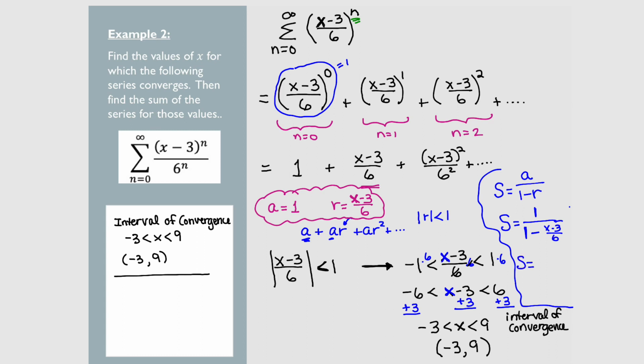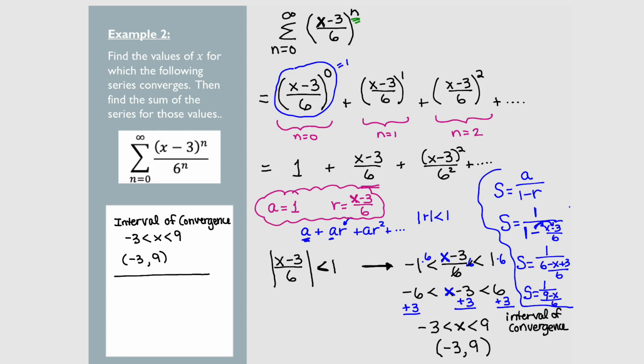And if we do a little bit of algebra, that tells me on the top I have a 6 minus x plus 3 over 6, because I'm going to have a minus that's distributed in the top. And I have a common denominator of 6. So maybe I should work that out a little bit, but I think you guys are pretty good with your algebra. So that means my sum is 1 over 6 plus 3, or 9 minus x over 6.